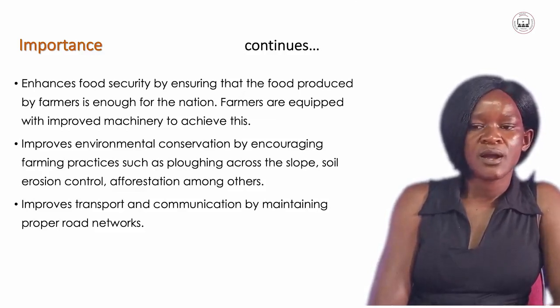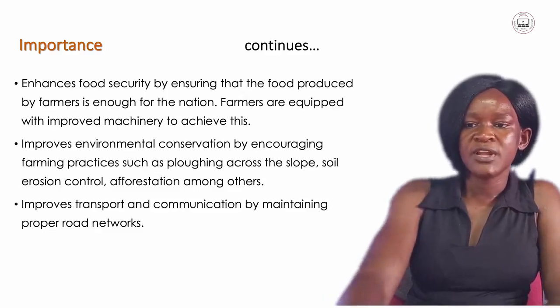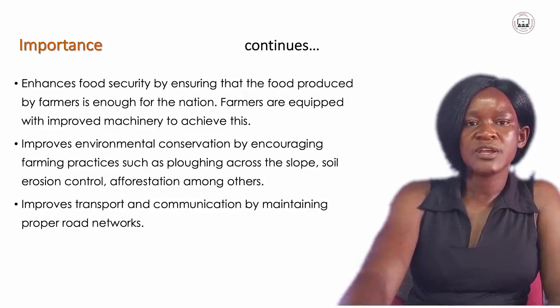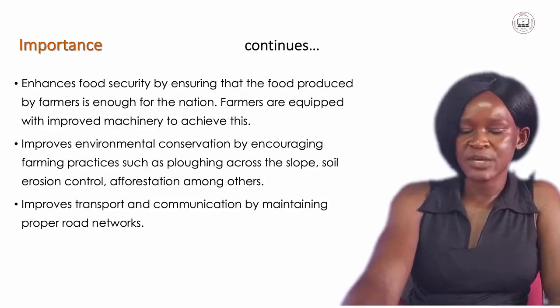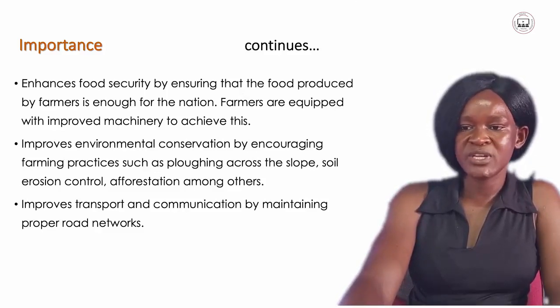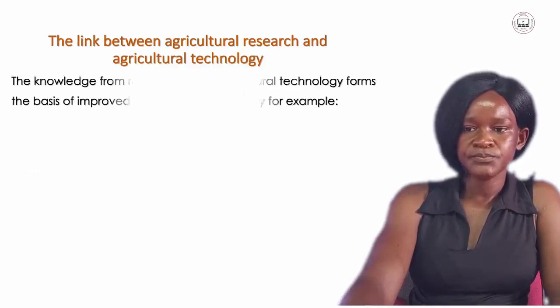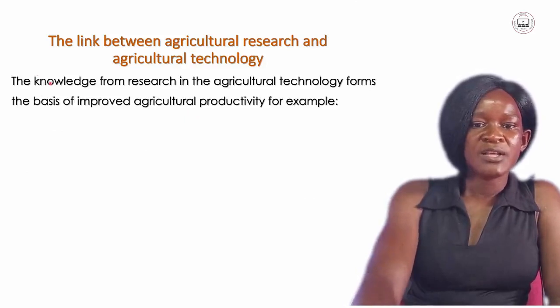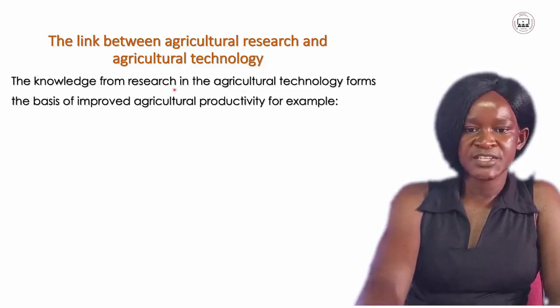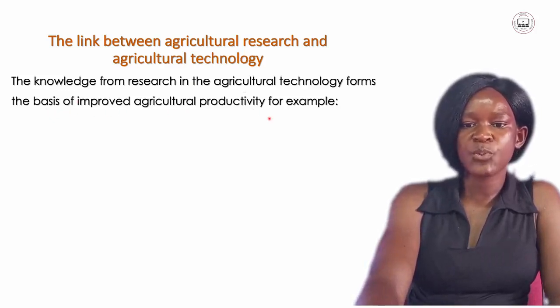Next, it's the link now. We should look at the link between agricultural research and agricultural technology. The knowledge from research in agricultural technology forms the basis of improved agricultural productivity.